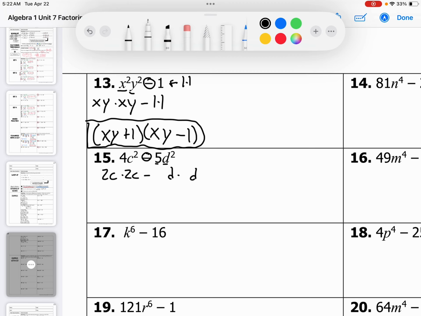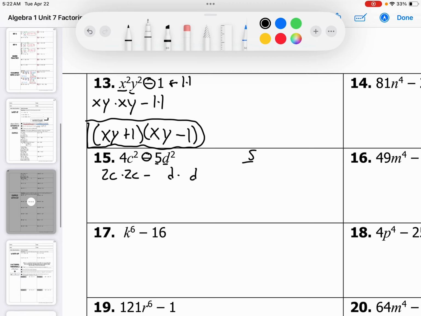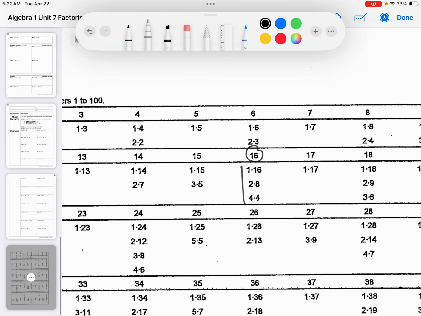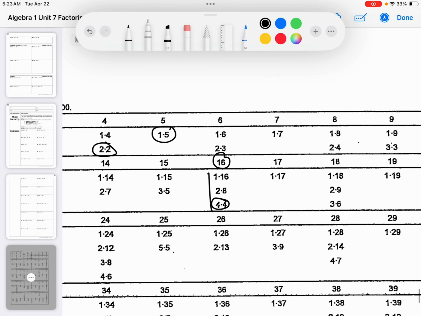But 5, if I look at the numbers that multiply to 5, the only numbers that multiply to 5 are 1 and 5. So there aren't any numbers like 2 and 2, or 4 and 4, or 3 and 3, where it's the same number times itself that gets me to 5.